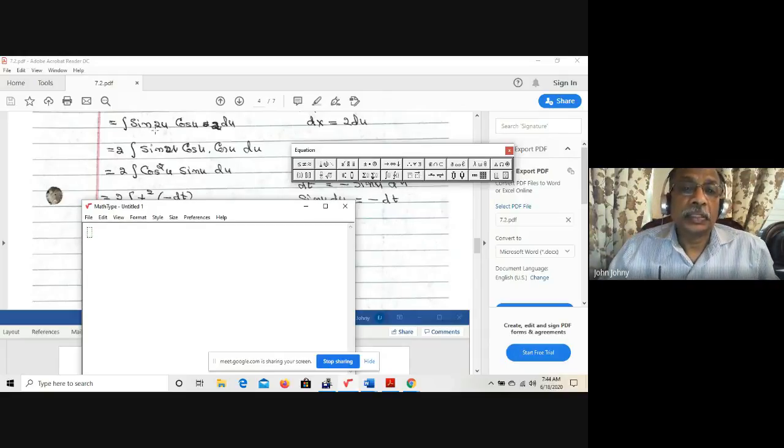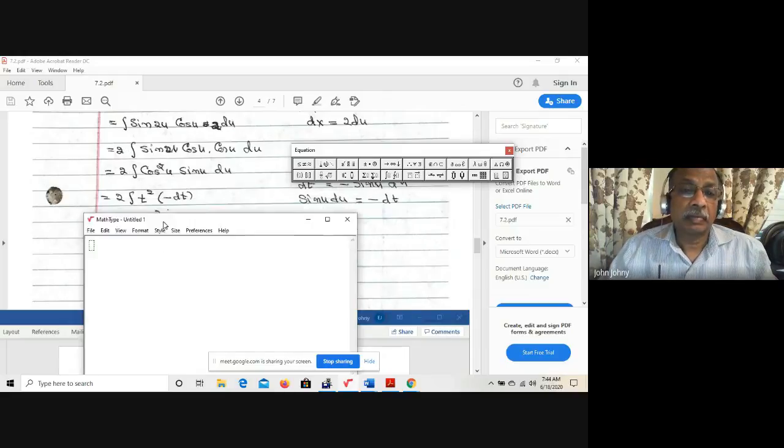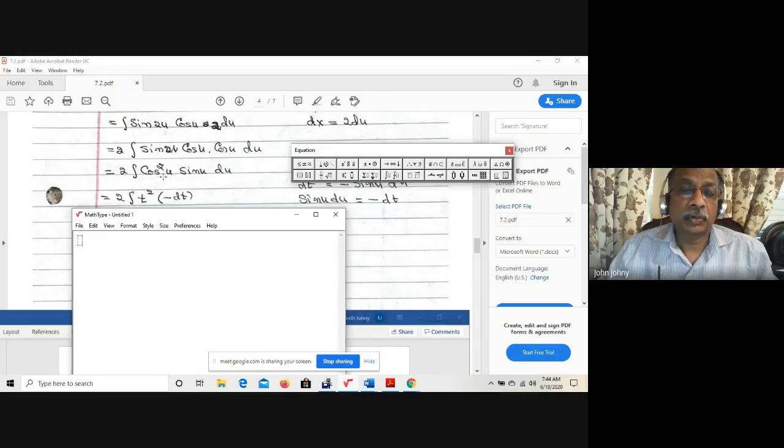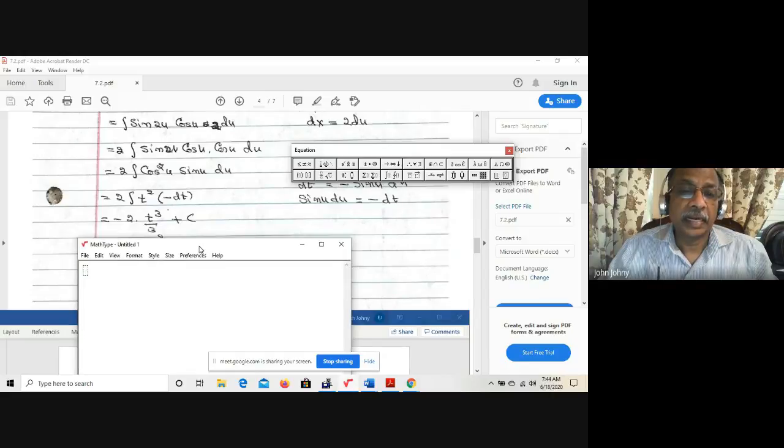Sine 2u is 2 sine u cos u. So the 2 is missing here. That 2 together with this becomes 4. So it is going to be 4 times t square times negative dt. So the final answer is negative 4 t cubed over 3.